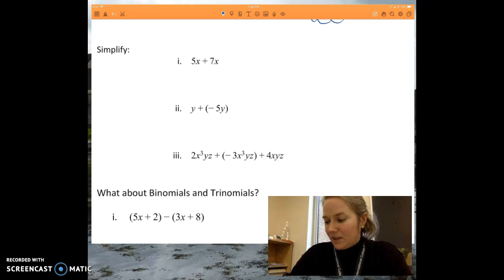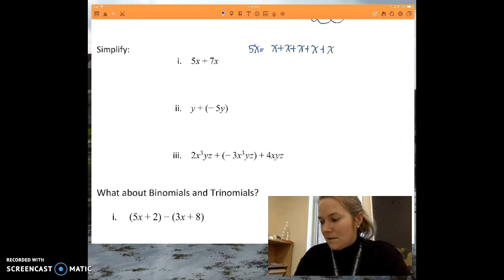So let's think about this. 5x is the same as x plus x plus x plus x plus x, right? Remembering that multiplication is repeated addition. Like exponents are repeated multiplication, we can use this identity to help us create new rules.